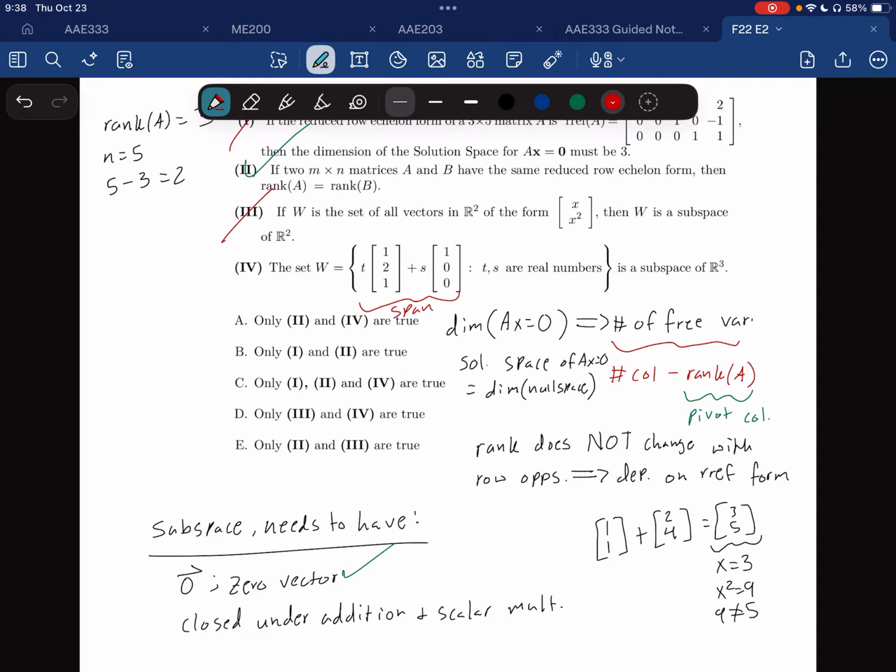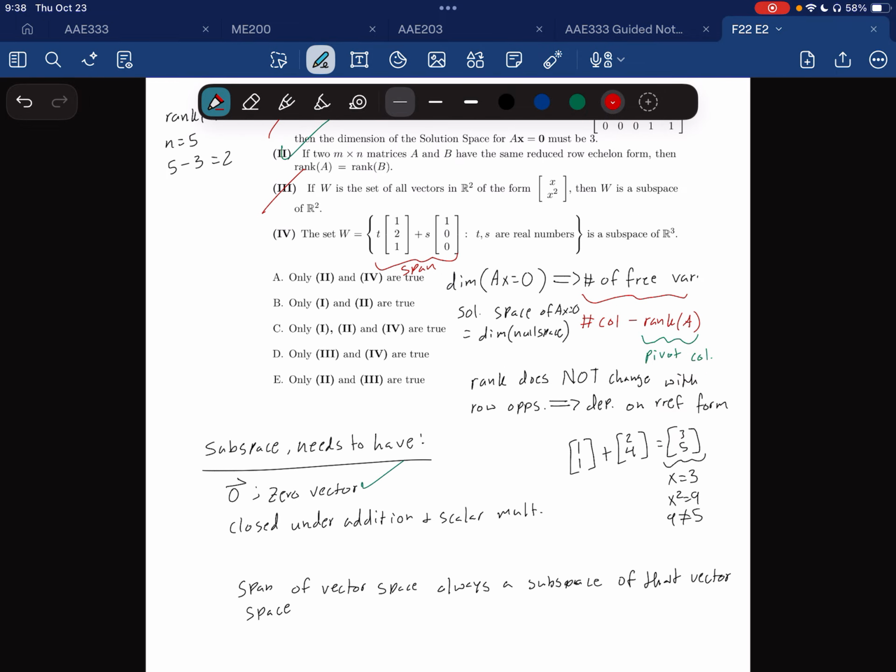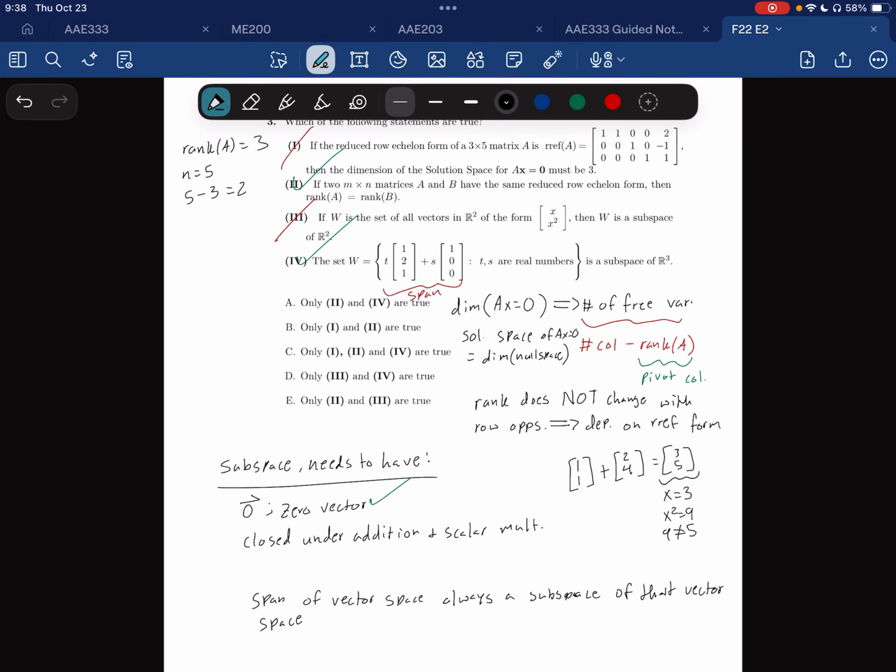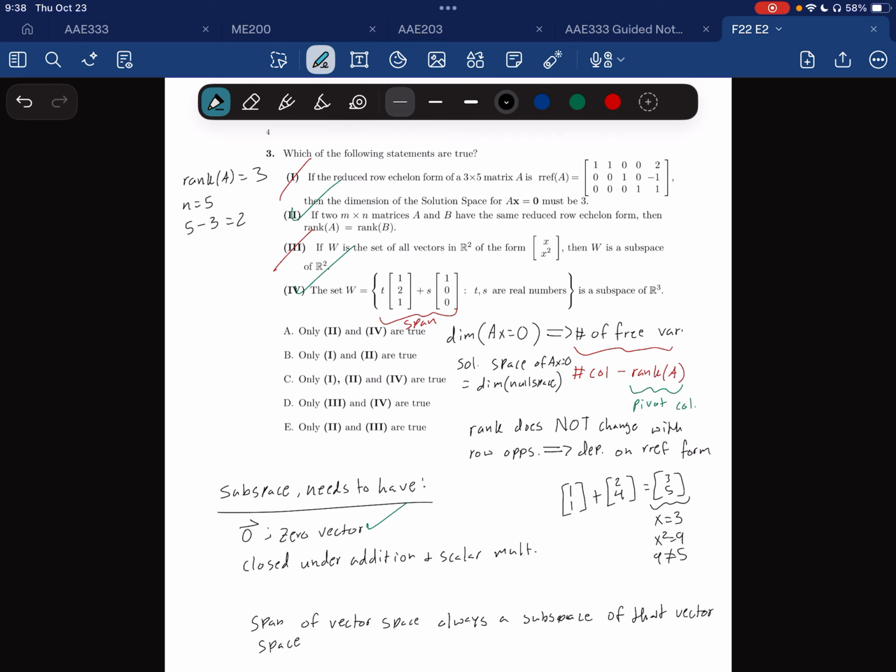And as I said earlier, the span of a set of vectors will always be a subspace of that vector space. So 4 is true. And you have, therefore, 2 and 4 are true. So C is our answer. Or am I lying?